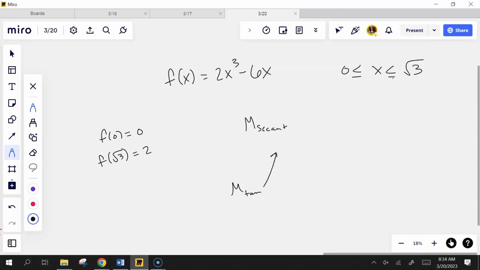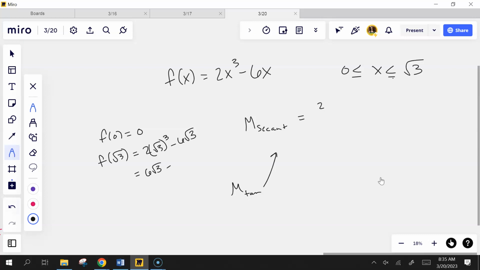Gross again. So if I want to do slope for these 2 points, I'm going to do this. So 2, and this is actually going to be 6 square root of 3.